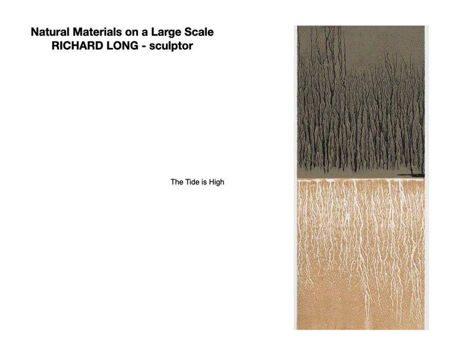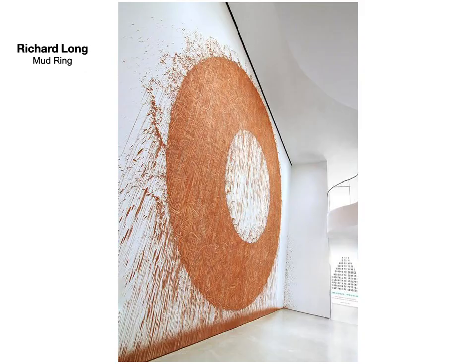It has a very organic feel, almost representational, and yet it is completely abstract. He's challenging the use of drawing materials by using mud and water. Again, he's using mud and water on a giant scale on a wall.